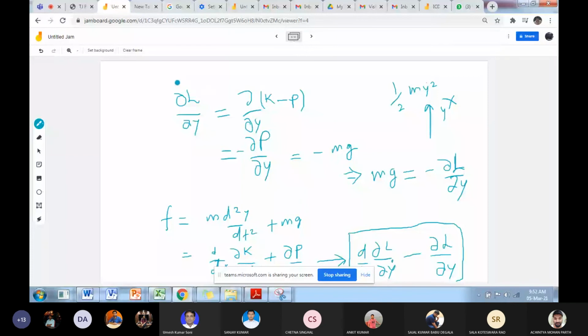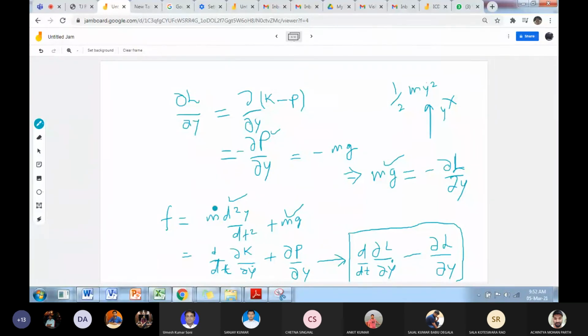The derivative of Lagrange with respect to y can be expressed in terms of potential energy P. Okay, so minus of derivative of potential energy with y is equal to minus of mg. So mg can be defined in terms of Lagrangian this term. Okay, so the force is expressed by this term and this term as previous.